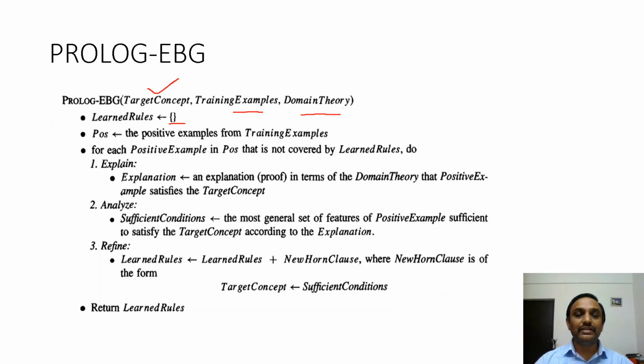We have to repeat these steps until no positive example is left out. After that, finally we return the learned rules. So this is the Prolog EBG algorithm, which comes under explanation based learning, which comes under analytical learning. Thank you.